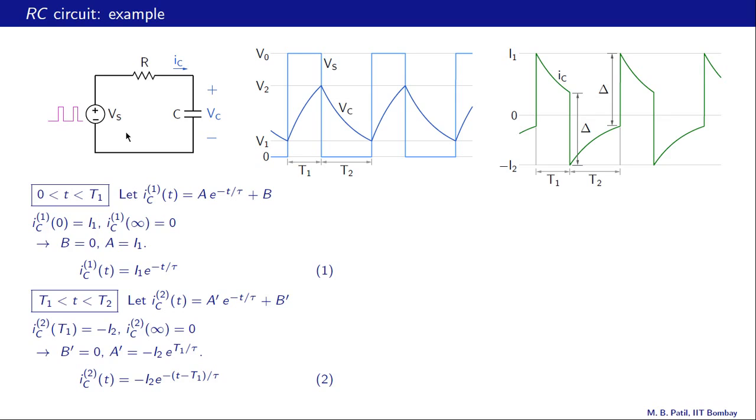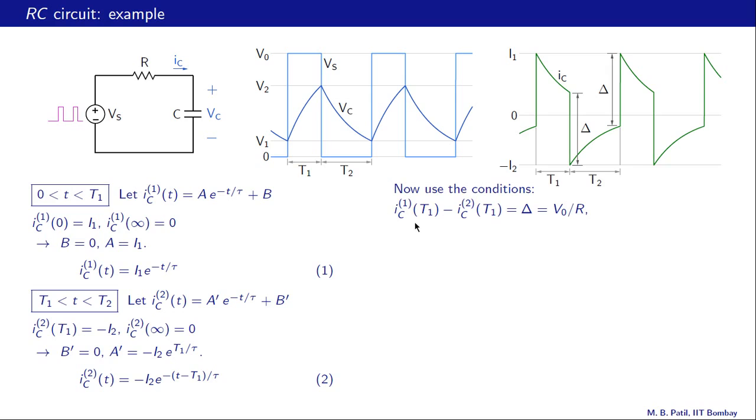Vs is changing by V0, this quantity here, and therefore the voltage across the resistor must also change by V0. And what does that mean? That means there must be a corresponding change in the current IC here, which is V0 divided by R, and therefore we conclude that this delta must be equal to V0 by R, and that is what we write over here.